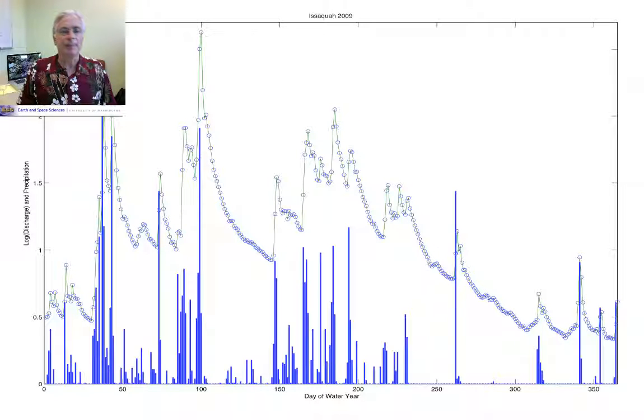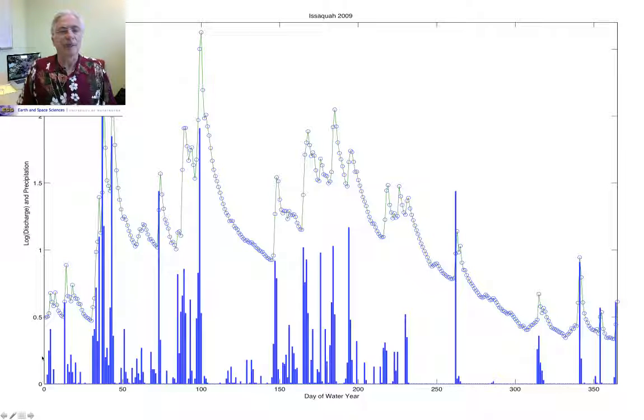I can plot all the precipitation data on the scale where now this is in inches, and instead of a log it's linear, so 1 would be 1 inch of precipitation, and 2 is 2 inches of precipitation. You can see that during storm events the precipitation values are up over 1.5 inches, and the discharge reaches its peak.